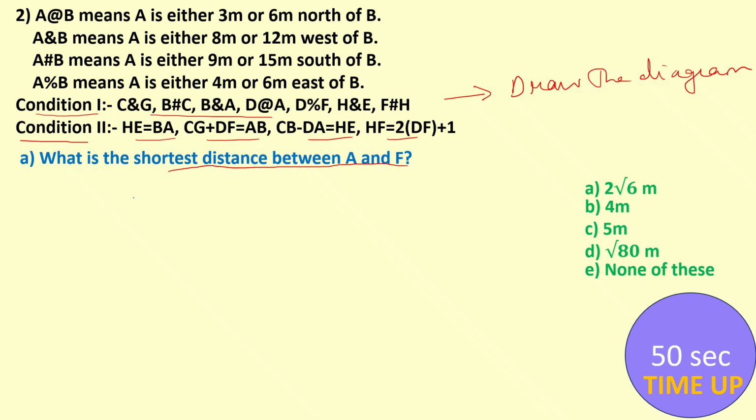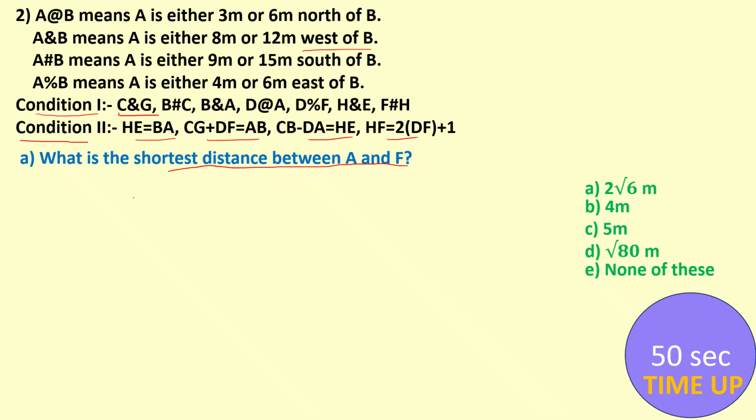So first, go to condition 1. What they have given: C and G is given, correct? C and G means C is west of G. It can be either 8 meter or 12 meter, so that we don't know.